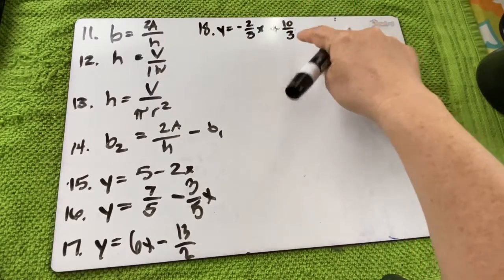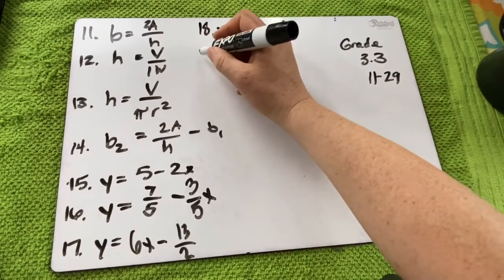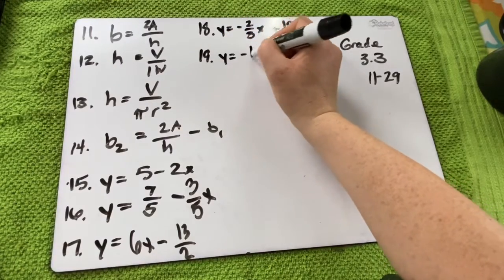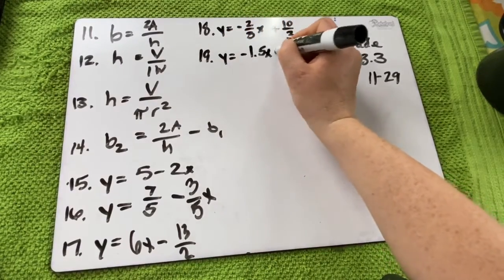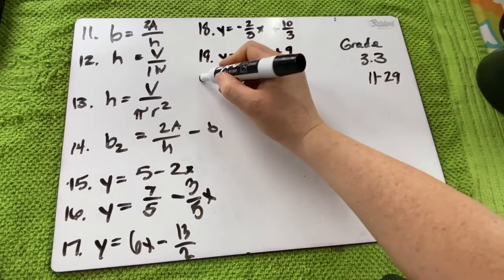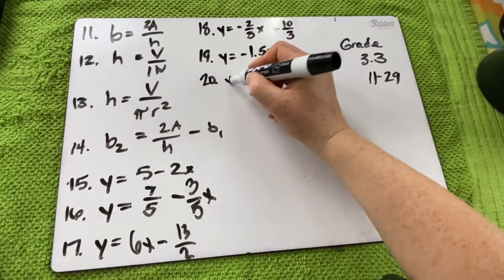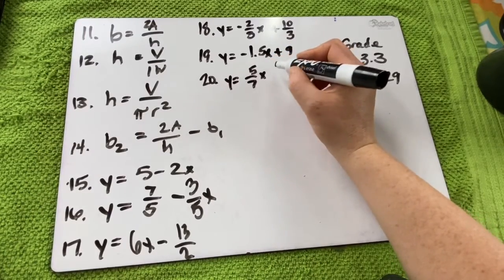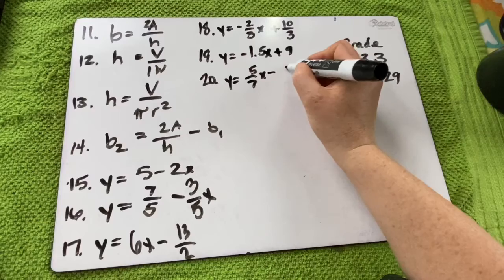If you figure that out, that's fine also. Okay? 19, Y equals negative 1.5 X plus 9. Ooh, that one was easy. 20, Y equals 5 over 7X minus 3 over 7.